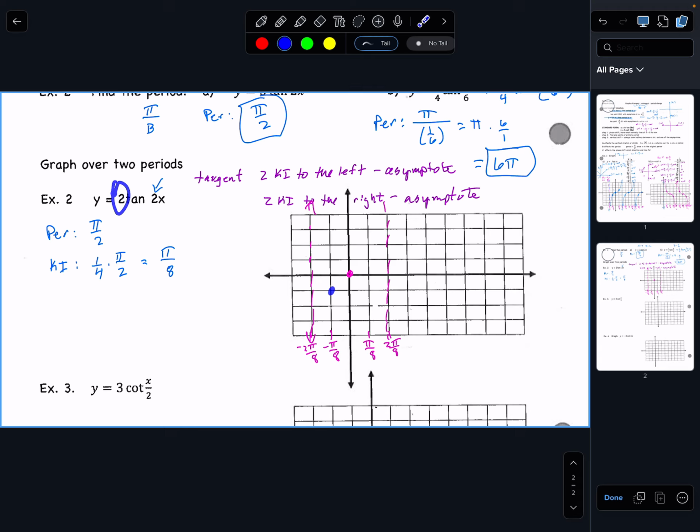So you would normally be at -1, but you have a vertical stretch of 2, so you end up being at -2. And 1 key increment to the right, you would normally be at 1, but because of the vertical stretch, you end up at 2.